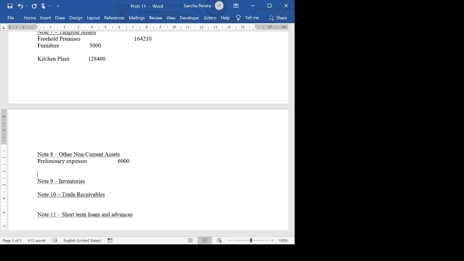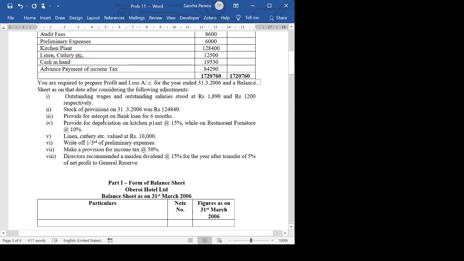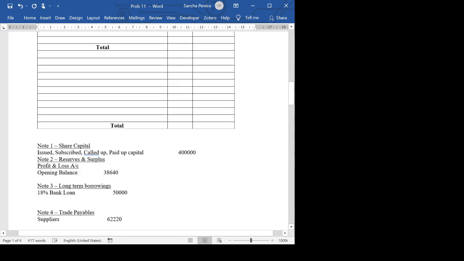Okay. Then we come to the current assets. Non-current assets are done. First, we have current investments. We don't have anything here. Then we have inventories. Under inventories, we will have closing stock of provisions. The closing stock given to us is 124,840.